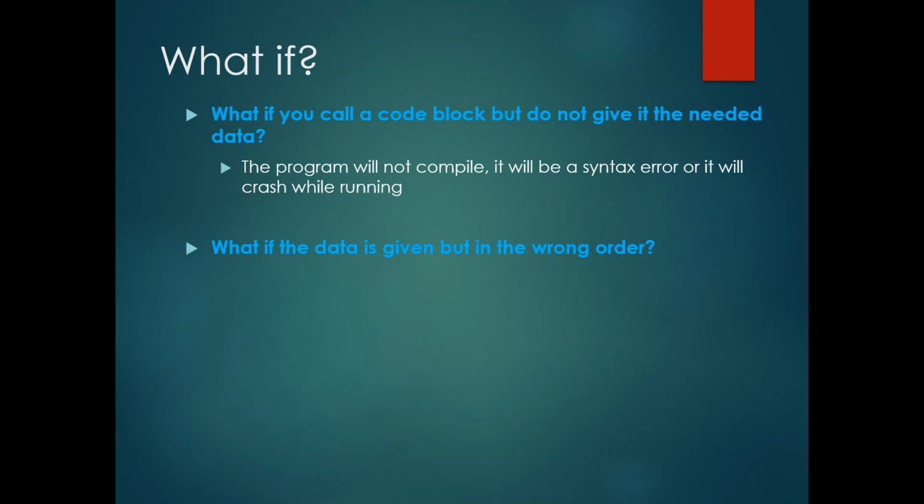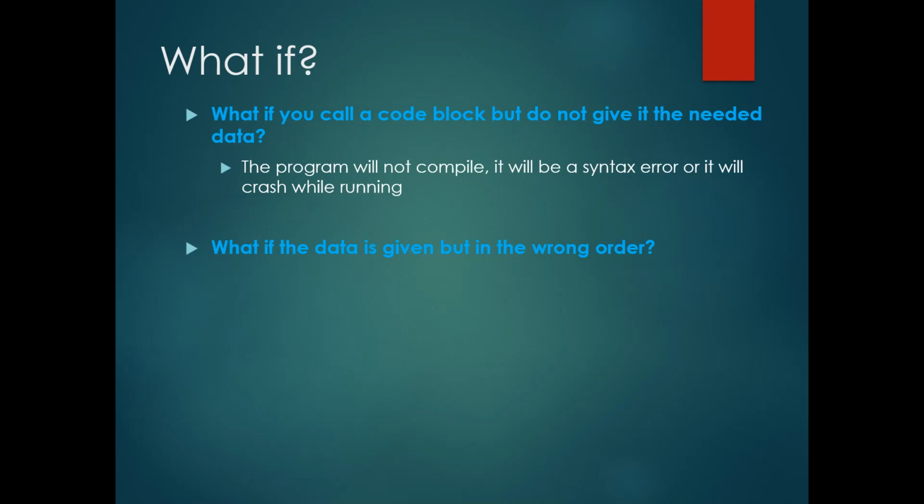Now this could really cause some problems if you had a method that required, let's say, an integer and a string, and you accidentally put them in the wrong order. So remember what happens when we give a value to a parameter, it copies that value into the parameter. Copies, copy. Biggest important thing here. It's always a copy. But if we give it an int and a string, imagine if we accidentally put that in the wrong order.